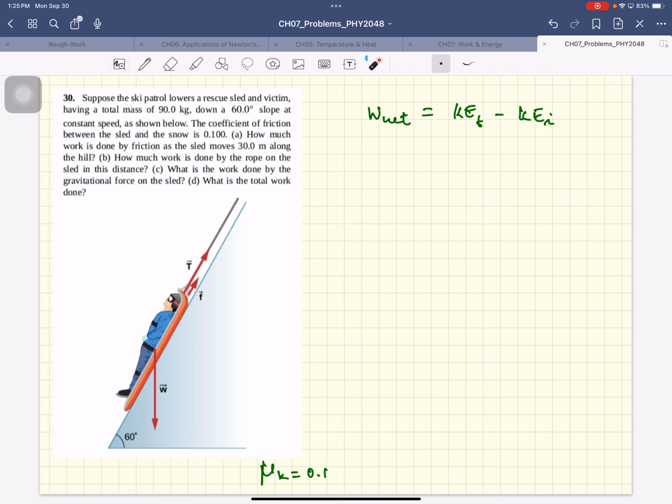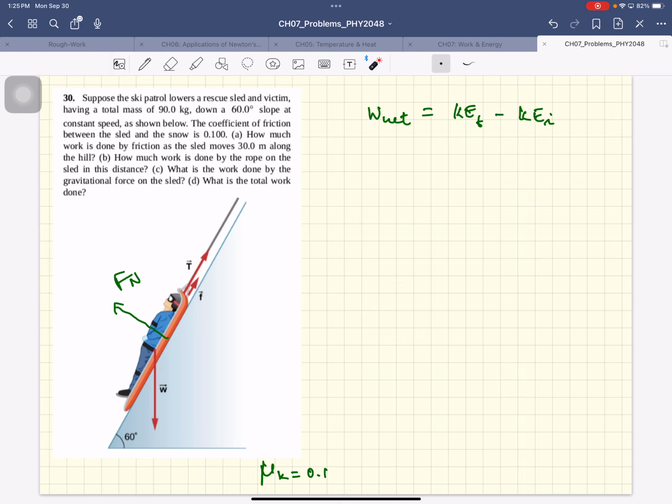So what we're going to do is, there are several forces acting on the object. So for instance, this guy, tension, the friction force, and there's a normal force acting on this guy as well, except that since the displacement is in this direction, the normal force is not doing any work. But we'll calculate the work done by each force.